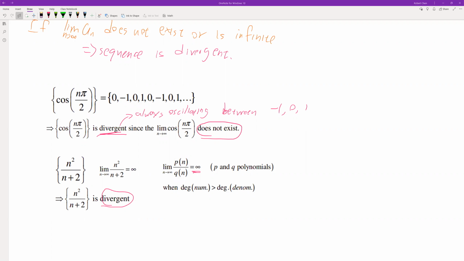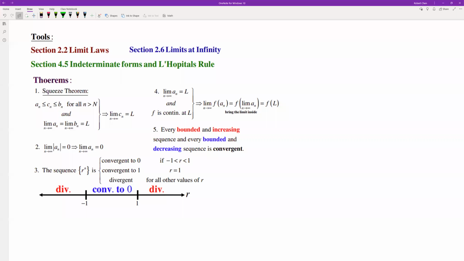There are many techniques to help us find the limit at infinity. So here, I just want to share some review with you guys. The tools that we have are the limit laws, limits at infinity, and L'Hopital's rule. And there are some theorems that can be useful as well.